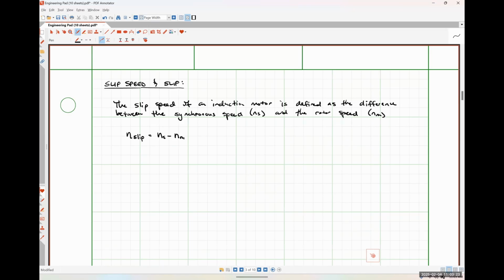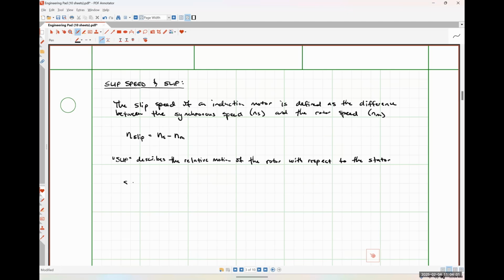99% of the time, though, we don't ever talk about slip speed. We just talk about slip as a quantity. Okay, so slip describes the relative motion of the rotor with respect to the stator.